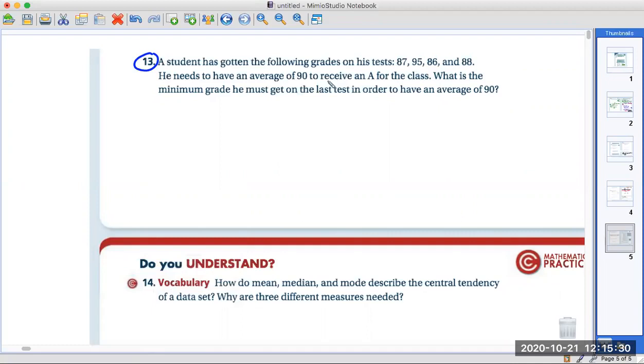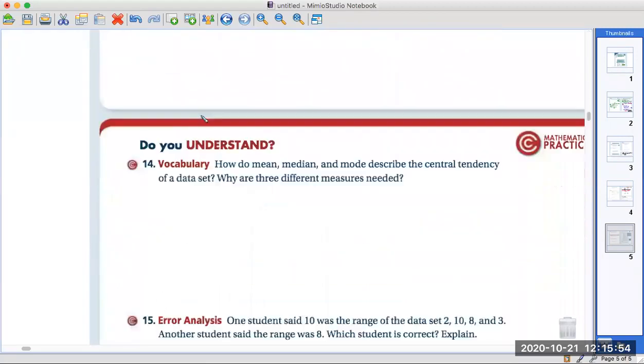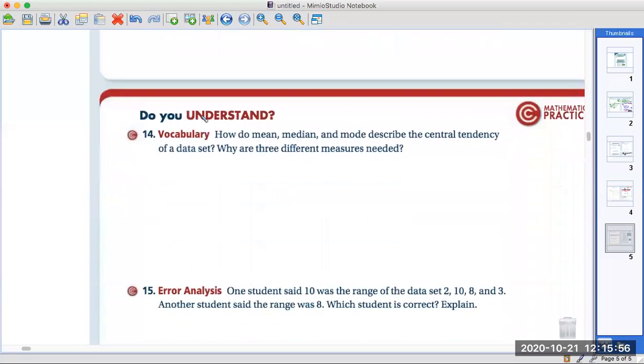Now he wants to know what does he have to get on the last test to receive 90% overall. So you're going to add all these plus the X, divide by 1, 2, 3, 4, 5, because it includes the X, and that has to equal 90. And then you have to solve it. Look back on the notes how we did that.